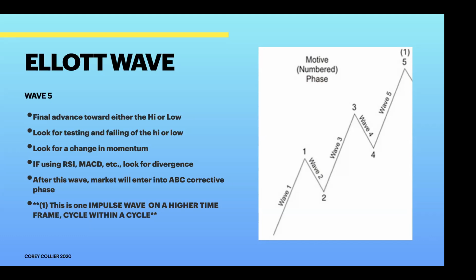Now, 2 asterisks right there at the number 1. This is one impulse wave on a higher time frame, guys. This is one cycle within the cycle. So from 1 to 5, that is one wave on a higher time frame. If we were looking at wave 1 on a lower time, let's say we're looking at the hour time frame, right?